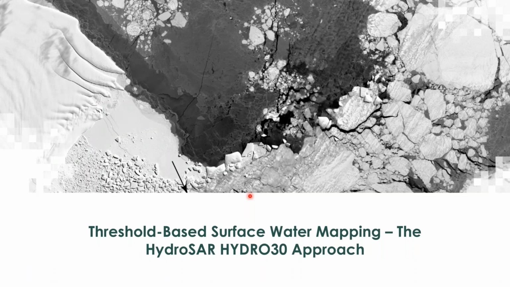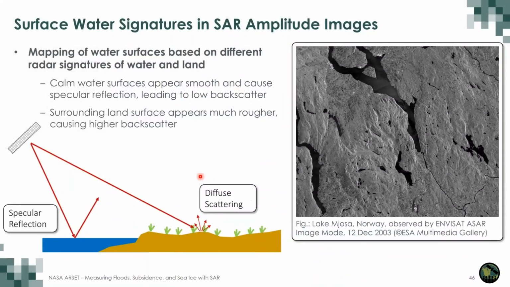Now at the very end, I want to show you how we can actually map these water surfaces using SAR. It's all based on the idea that water surfaces look much darker because of the specular reflection that we've already discussed. So we're trying to exploit this darkness of surface water features to automatically identify them in images.